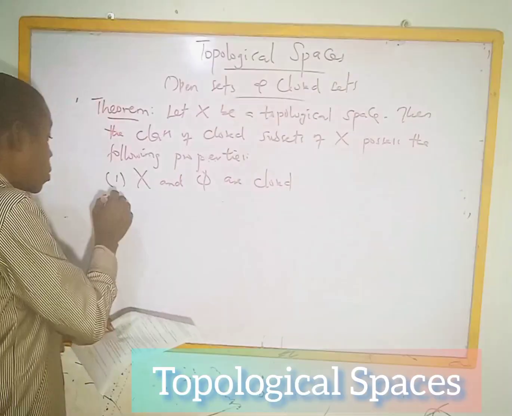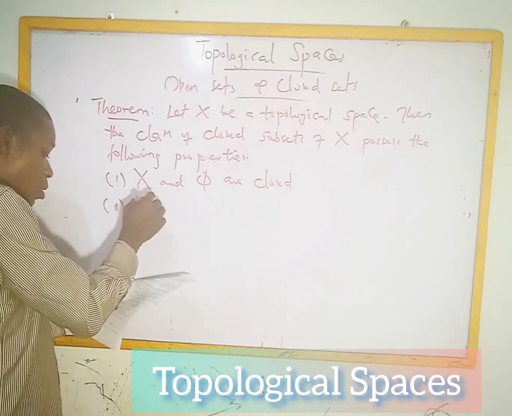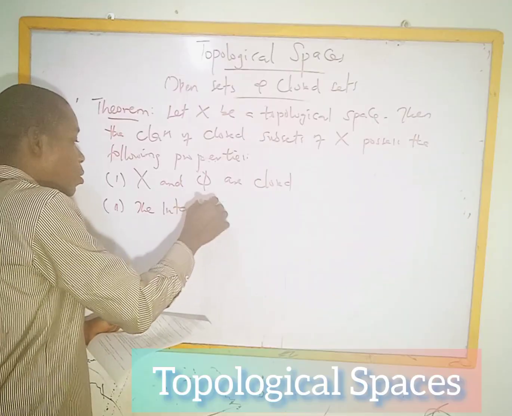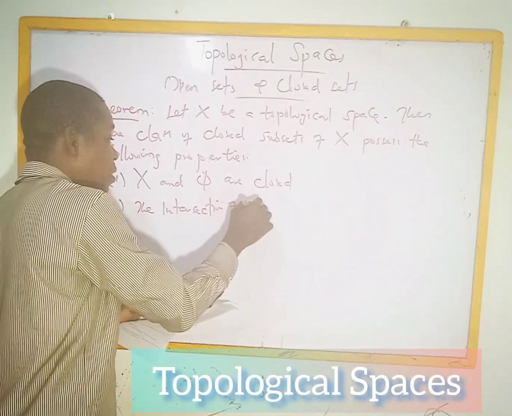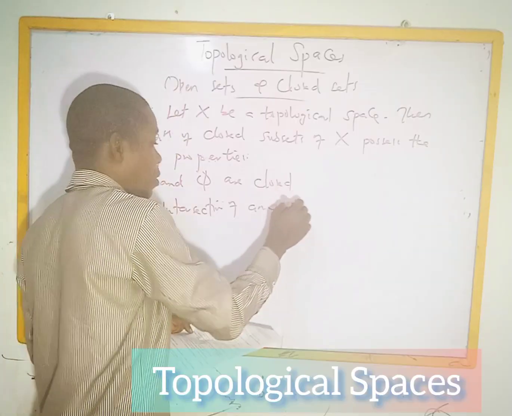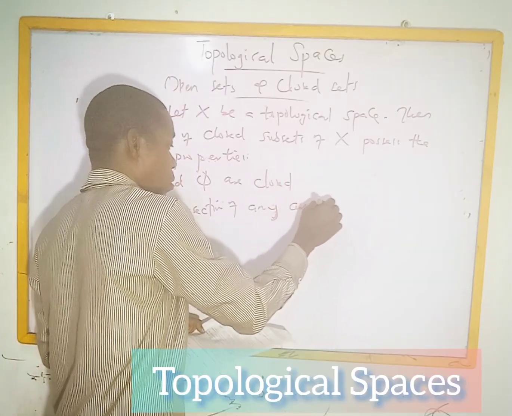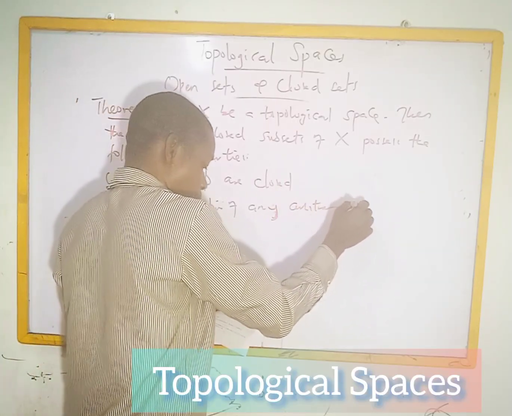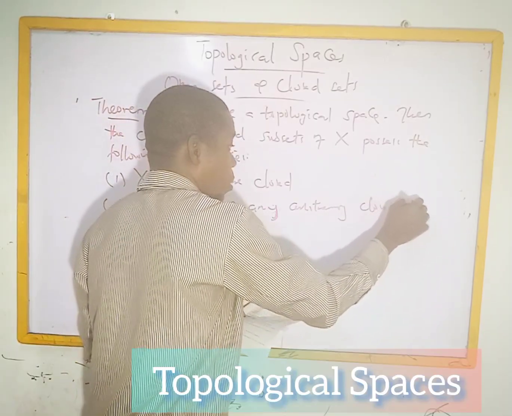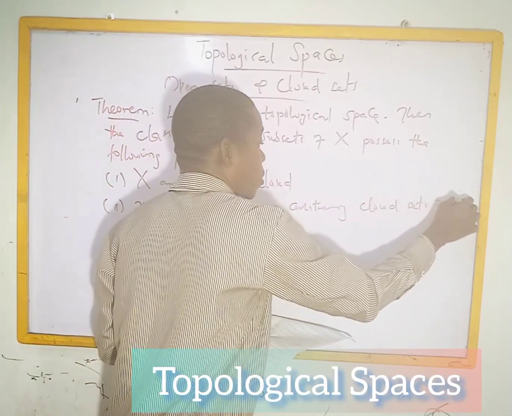Two: the intersection of any arbitrary collection of closed sets is closed.